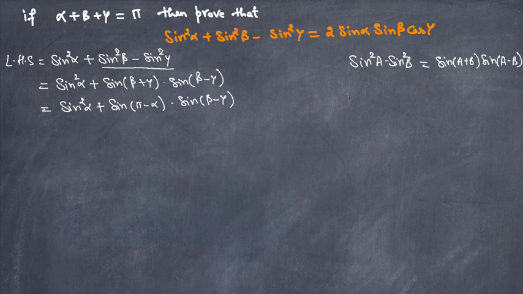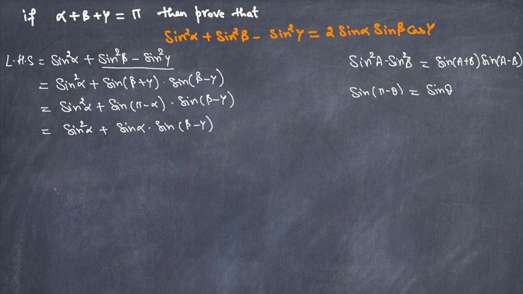And if you remember, sin(π minus θ) is basically equal to sin θ. So this sin(π minus α) can be written as just sin α, so sin α into sin(β minus γ).